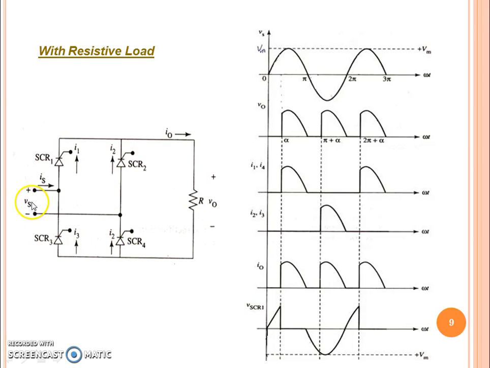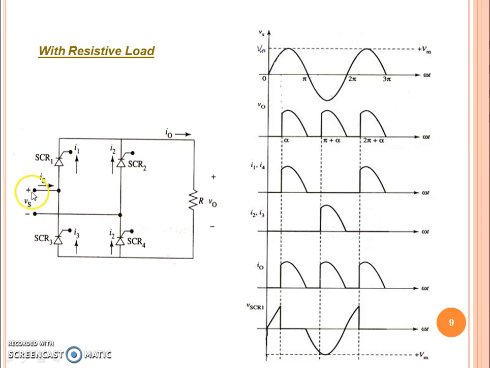We can supply this entire circuit with AC supply as shown in the waveform. During the positive cycle from the period 0 to pi, we set the polarity as positive and negative. This positive is applied here, this negative is applied here.